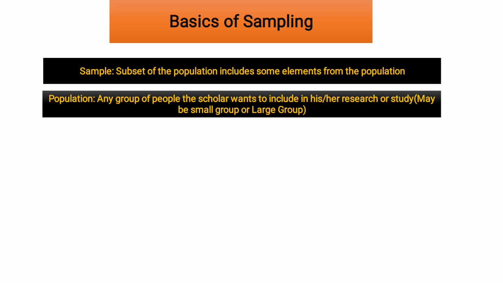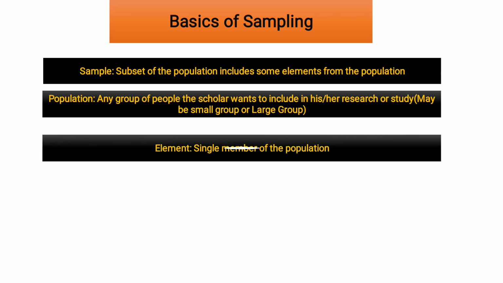In another example, let's say one researcher wants to study the job satisfaction of mid-level employees in the IT industry. Generally the number of mid-level managers is very high in every organization, so here the population is a large group. So the population can be small or large according to the interest of the research.